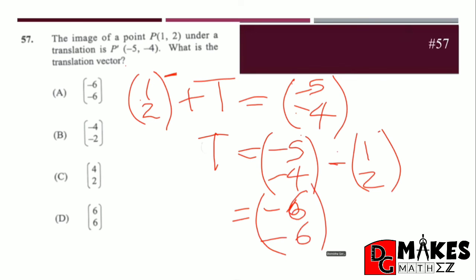And our final answer would have been A. We also know that you could have simply said, what could I add to 1 to give me -5? That would have been -6. What could I add to 2 to give me -4? That would have also been -6.